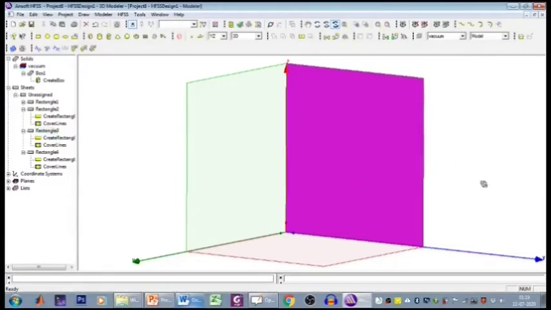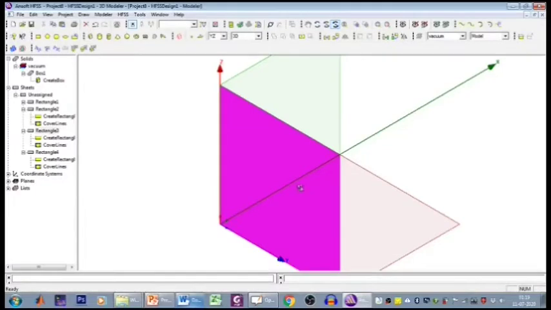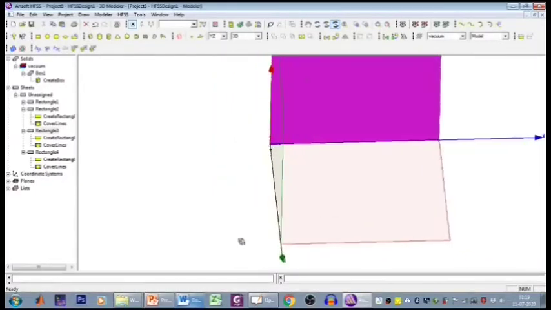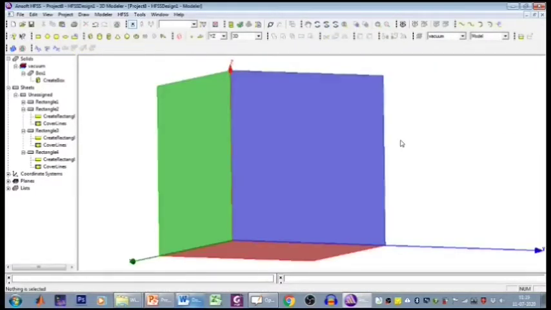Okay, this has a value of x which is constant, so this is also called the zy plane or x equal to constant plane. In this case, since the x value is at 0, it is also called the x equal to 0 plane.